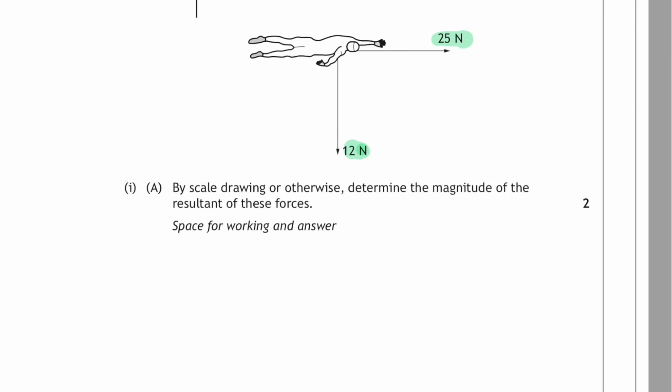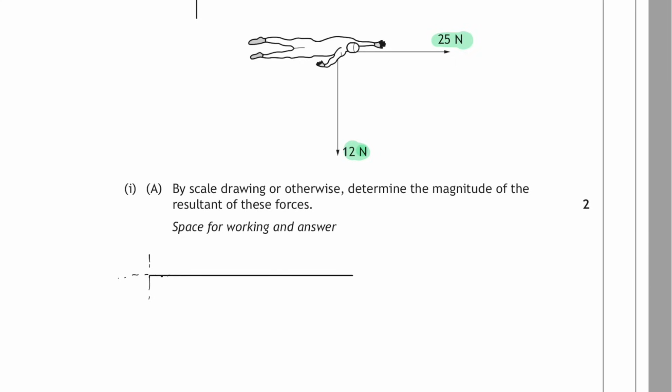In other words, we have to add these two forces together as vectors and state what the result of adding them together is. So we need to do a vector diagram. I always start by doing a little crosshair and then draw one of the vectors starting from that crosshair. I'm going to choose the 25 newton one.